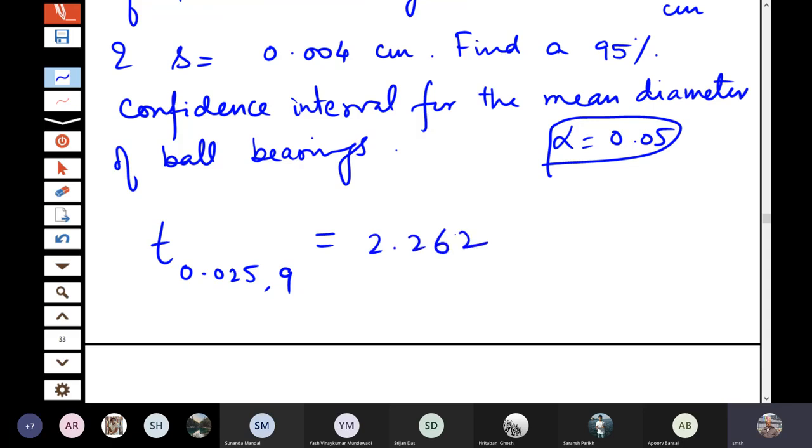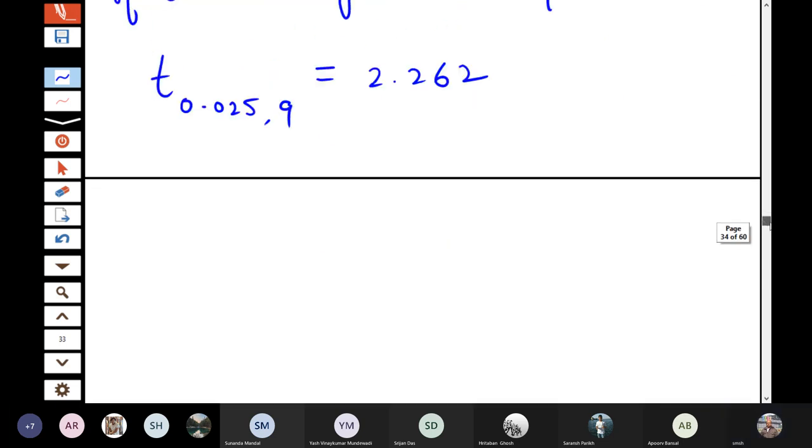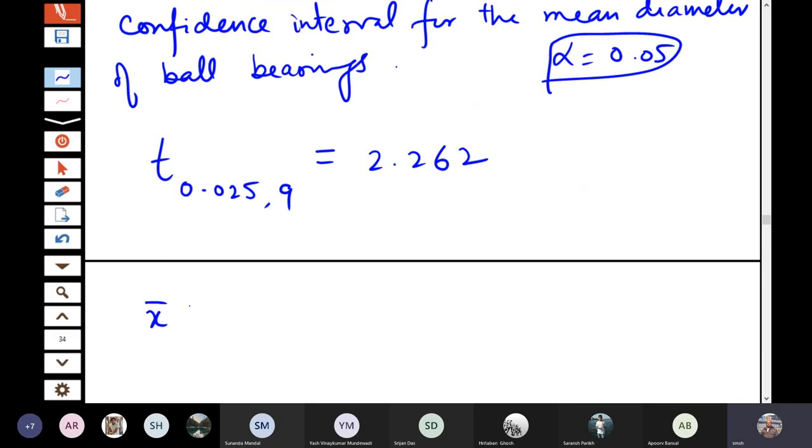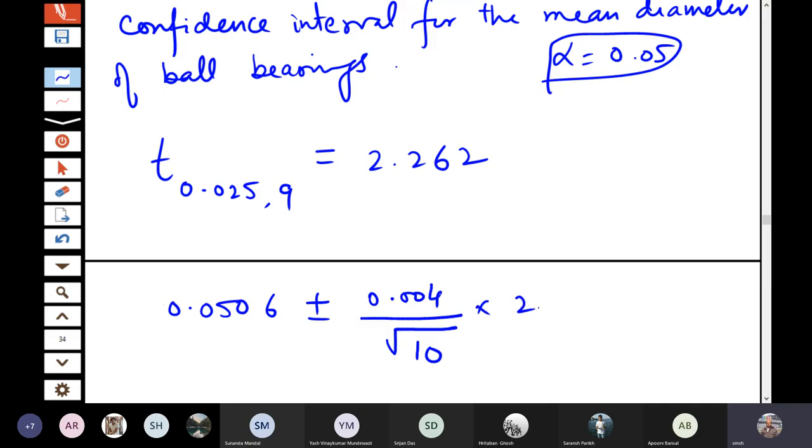You can see I have shown you the tables of t distribution, F distribution, etc. They are given in any book of statistics. So we consider then x bar plus minus s by root n t alpha by 2. x bar is 0.0506 plus minus s by root n, that is 0.004 divided by root 10, into 2.262.